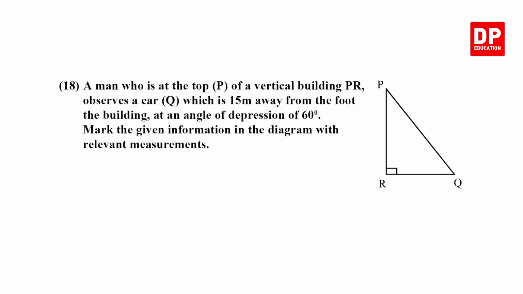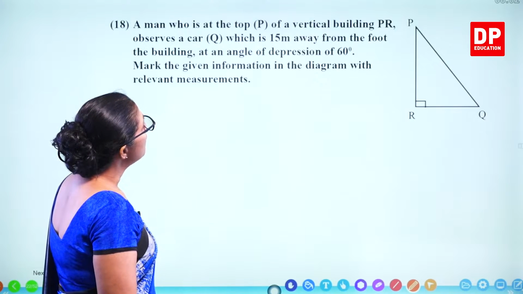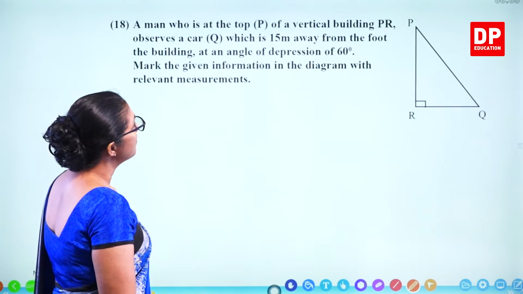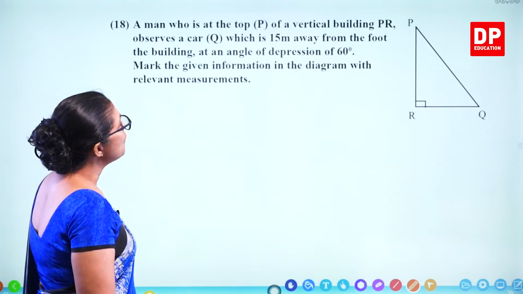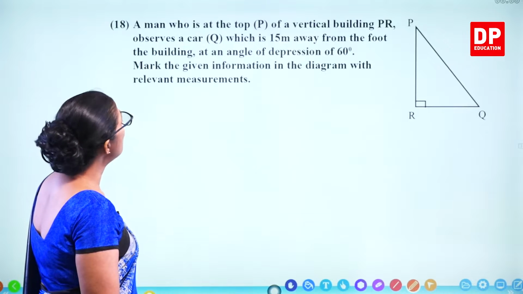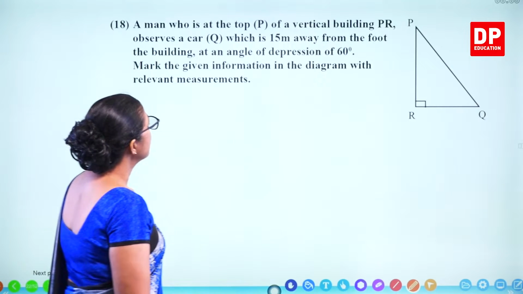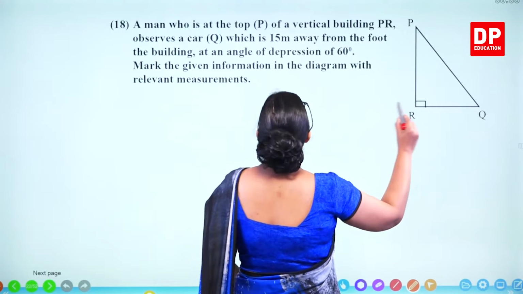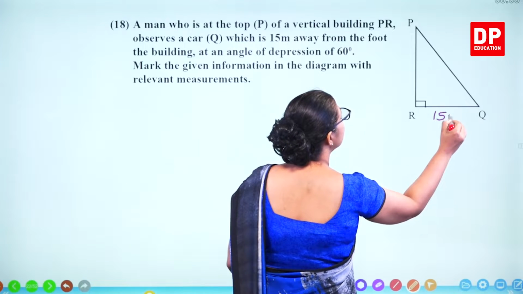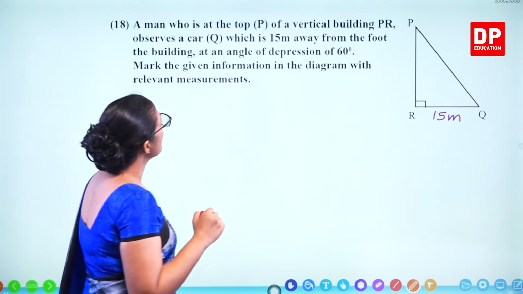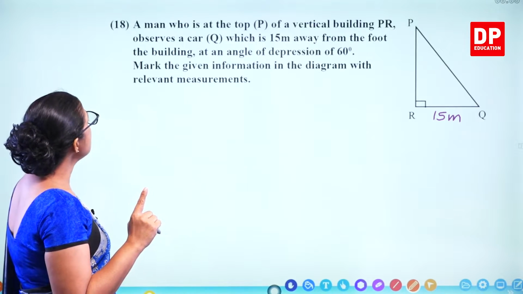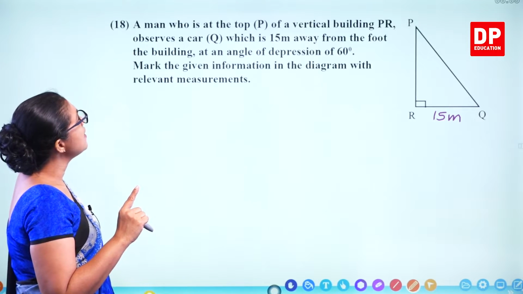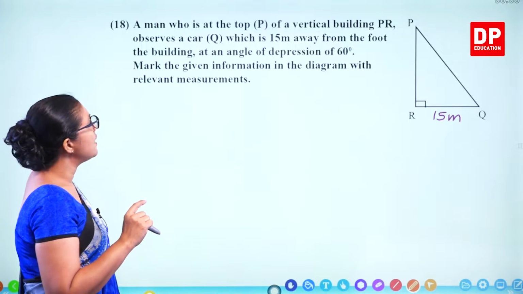Question number 18. A man who is at the top P of a vertical building PR observes a car Q which is 15 meters away from the foot of the building. So this is 15 meters. At an angle of depression of 60 degrees. Mark the given information in the diagram with relevant measurements.